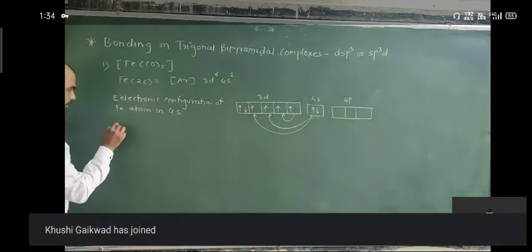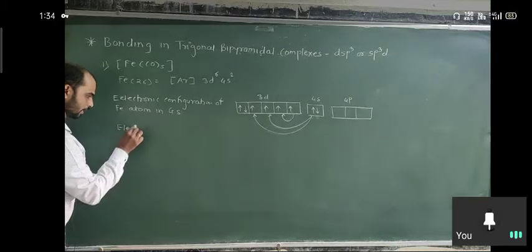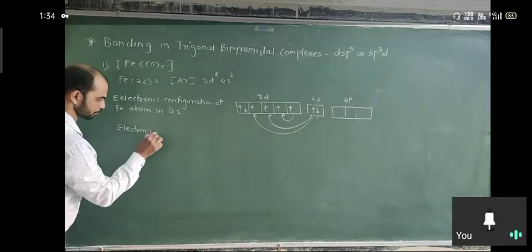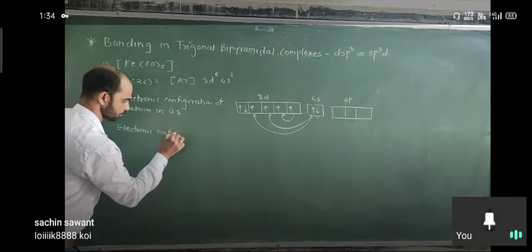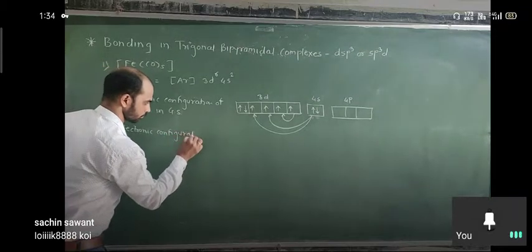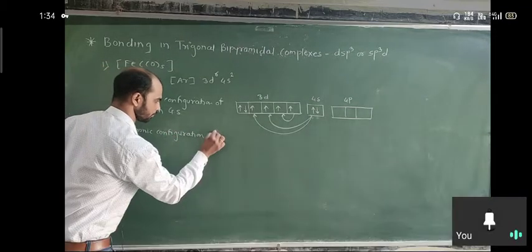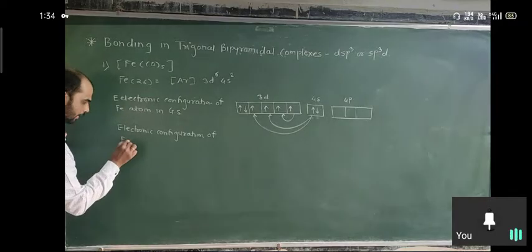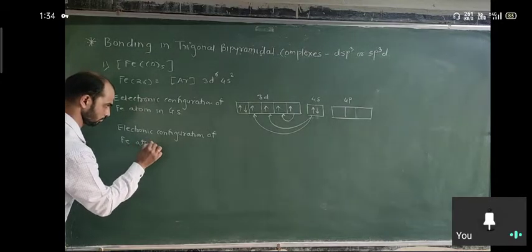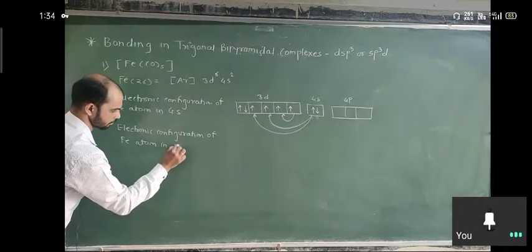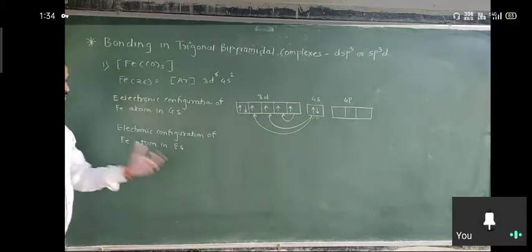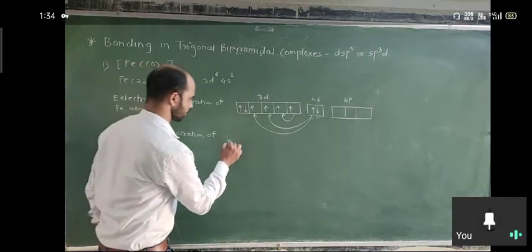So here we write the electronic configuration of the Fe atom in the excited state. In the excited state, what happened?